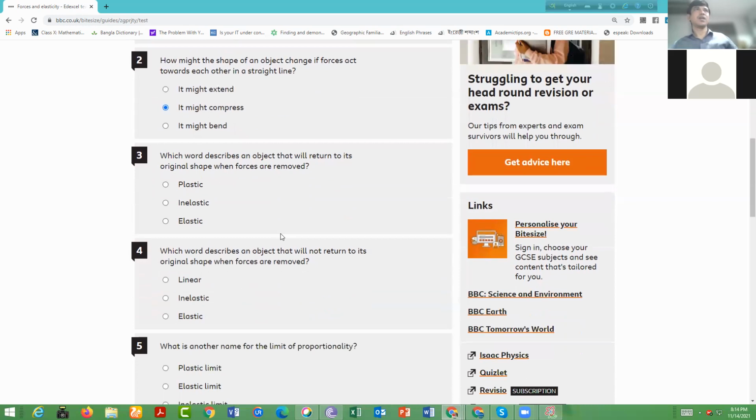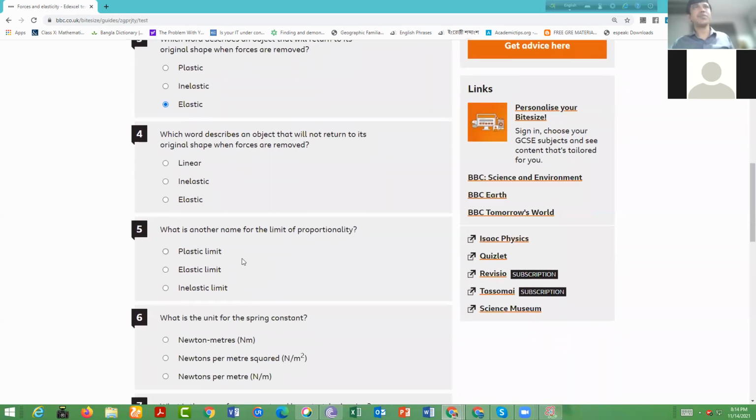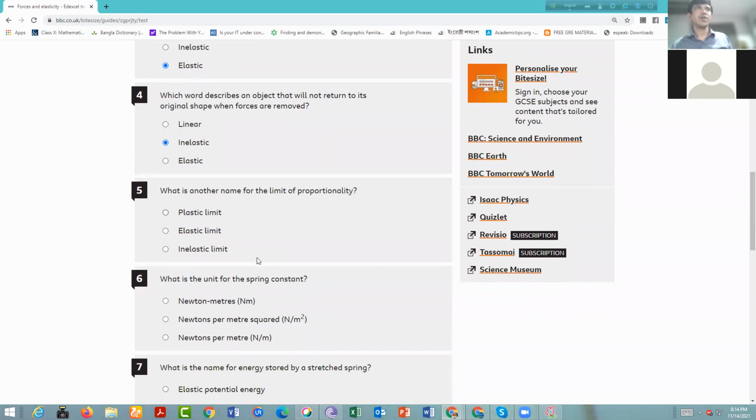Which word describes an object that will return to its original shape when forces are removed? Elastic, exactly. Which word describes an object that will not return to its original shape when forces are removed? Inelastic. What is another name for the limit of proportionality?